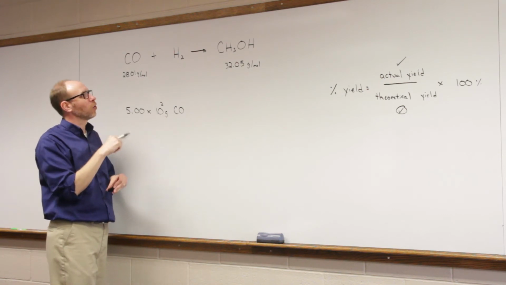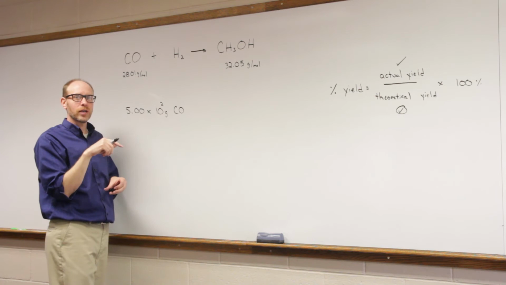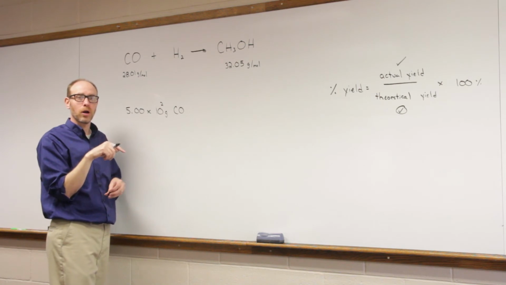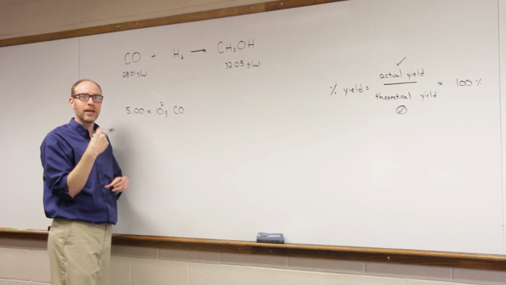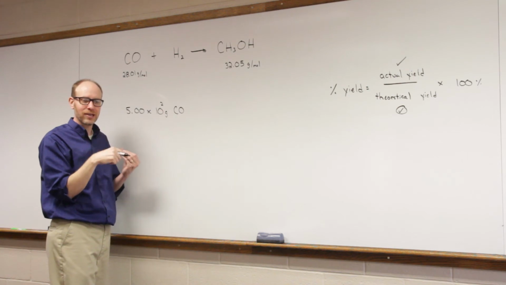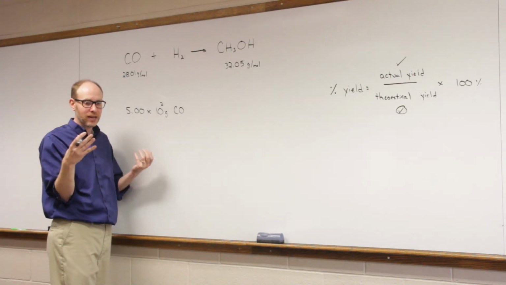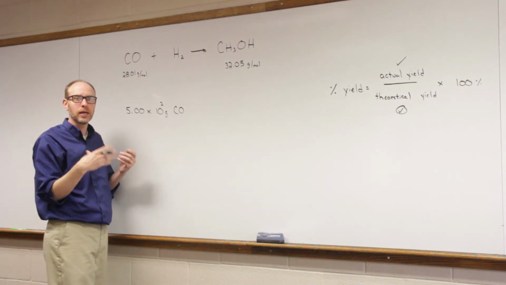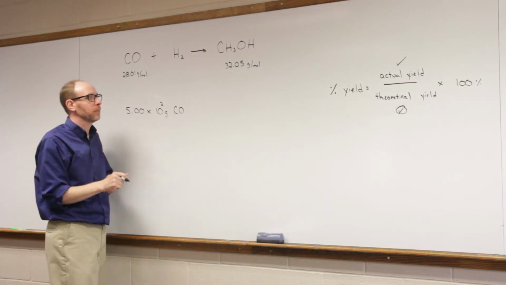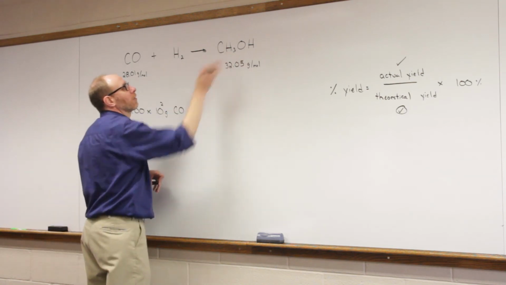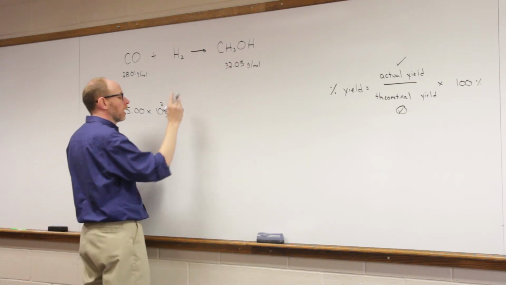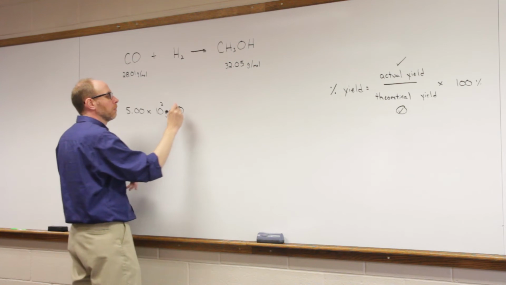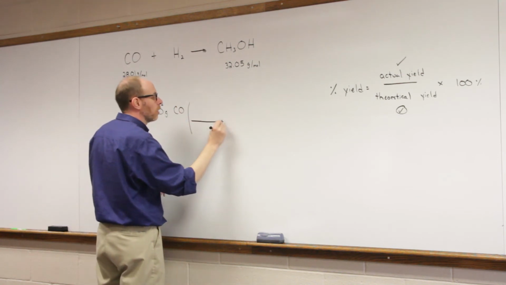So, in a regular stoichiometry problem that's not limiting reagent, when they tell us that there is excess of one of the reagents, they're telling us that the other reagent must be the limiting reagent, if there are two of them. We want to calculate how much methanol we can produce from the carbon monoxide. So this is a stoichiometry problem.